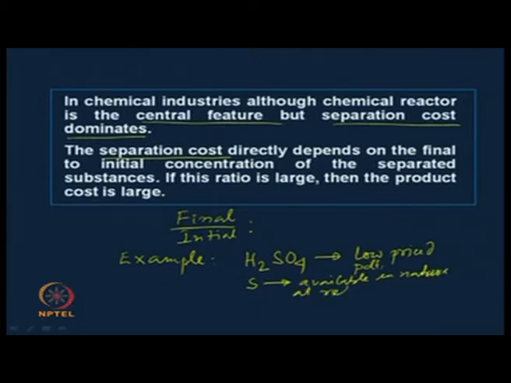Whereas, if we consider uranium, this is a costly material because the uranium available in nature is in relatively low concentrations. So, in case of uranium, the final to initial ratio is large, so the separation cost for uranium is large.